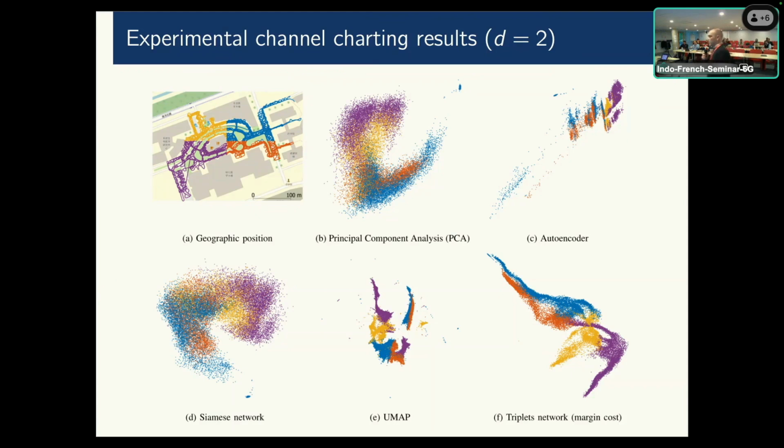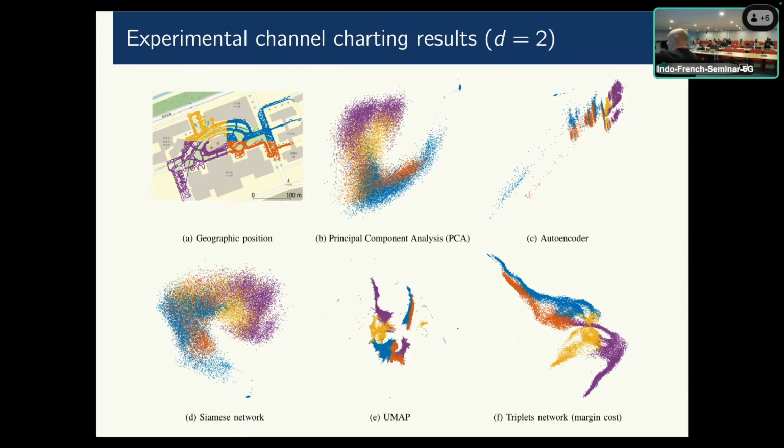So visually, we see that probably the triplet networks are the best choice here, because the data set is colored, still arbitrarily, based on the 4 quadrants of the GPS representation.